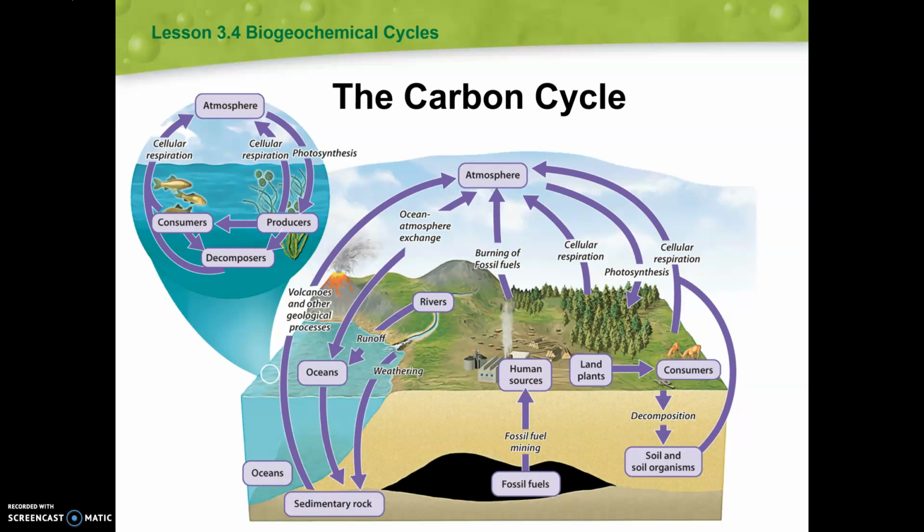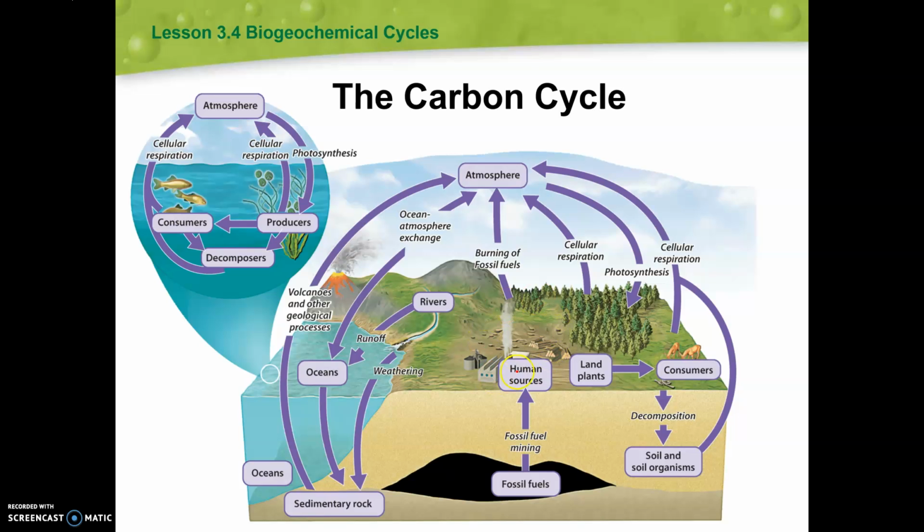So again, let's go through this one more time here. If we want to start somewhere, we should probably start with photosynthesis. So getting that sunlight from the atmosphere, we also have a lot of carbon in our atmosphere. And the carbon in our atmosphere usually comes from different types of cellular respiration, either from plants or animals.